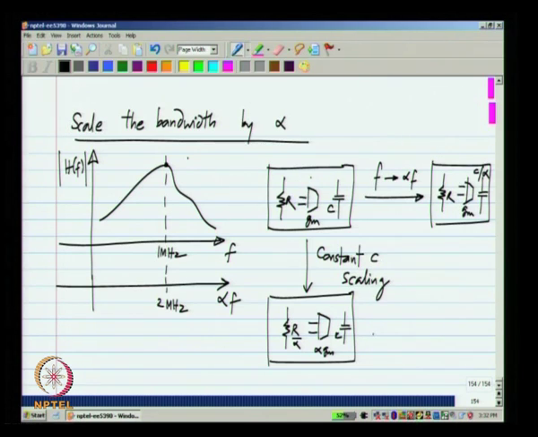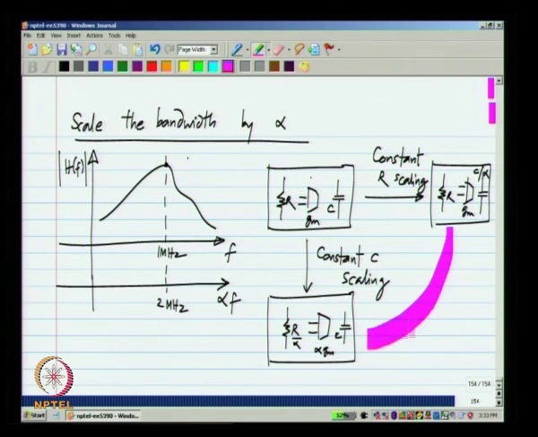The capacitance is kept constant, and this is known as constant R or constant conductance scaling. Now, both of these will give you exactly the same frequency response. This and that will have alpha times scaled up frequency axis compared to that one. If alpha is a factor of 2, whatever is happening in the original circuit at 1 megahertz will happen at 2 megahertz in this circuit and that circuit.